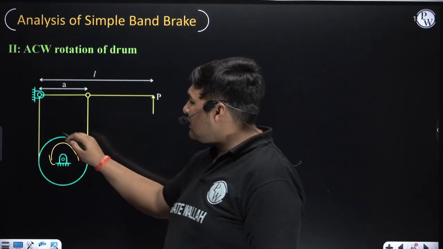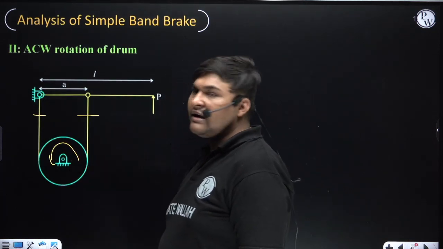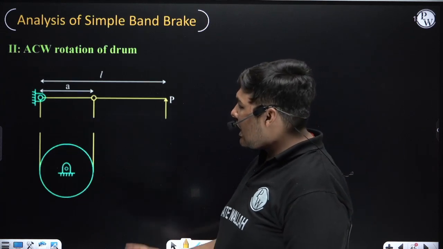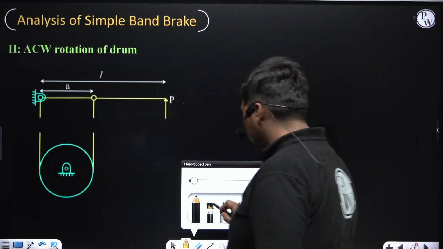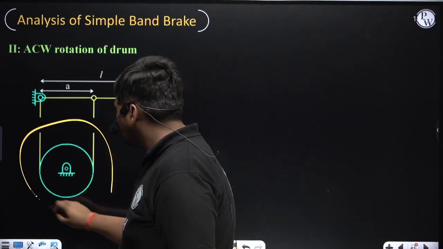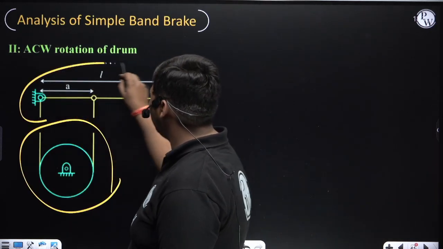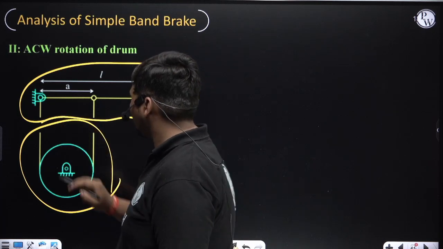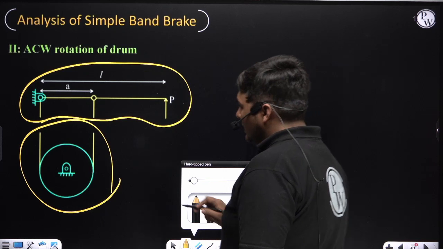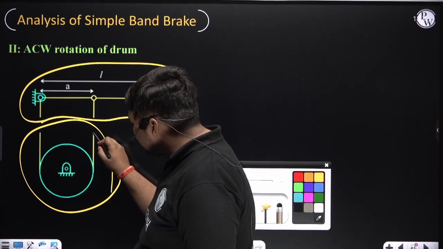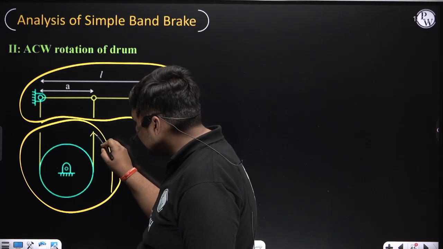For that, again we'll cut this band from both sides like this. Now we draw this FBD first, then draw this FBD. Here draw an arrow which is trying to elongate this band. For that we need to apply an arrow like this.